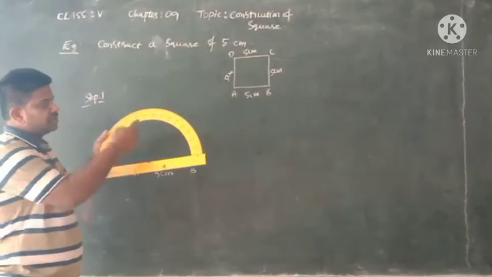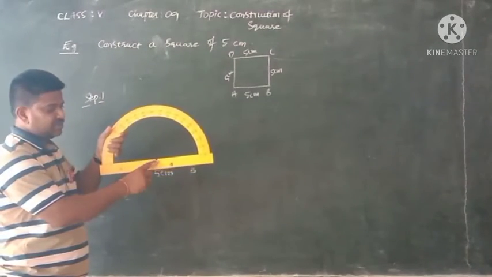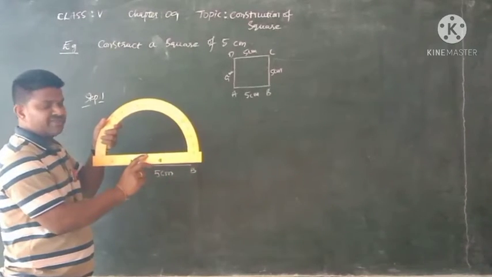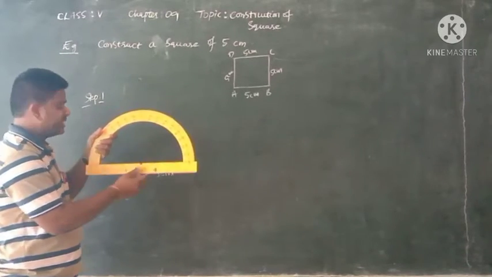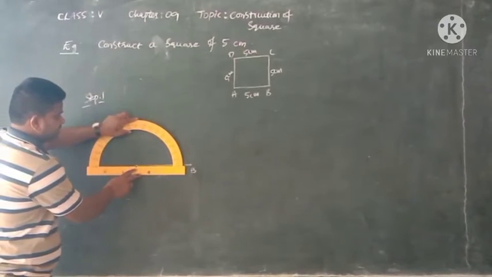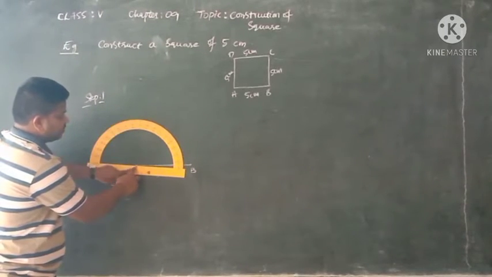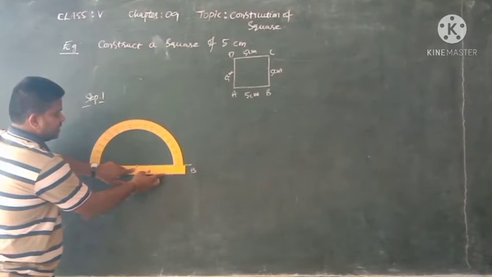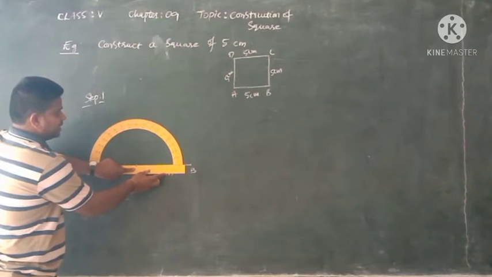You know, this is the center of the protractor. This is the baseline. The center of the protractor, we should place on A. You see, the center of the protractor is at A, and we adjust the baseline of the protractor so that it coincides with the line.